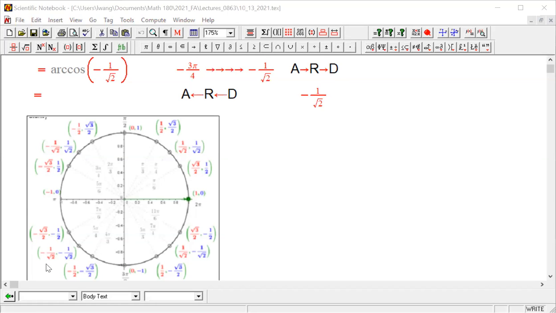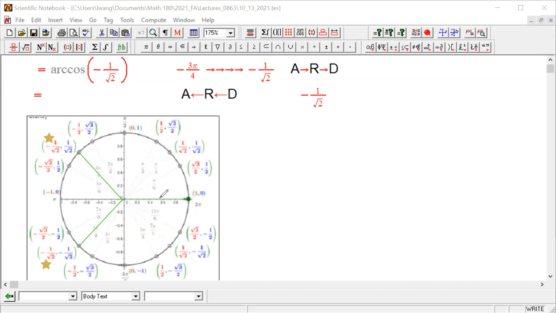We have -1/√2, -1/√2. We have two of them. From these two, which one will give you the angle which terminates between 0 and pi? Which one will produce an angle that falls in the range of ArcCoSine?